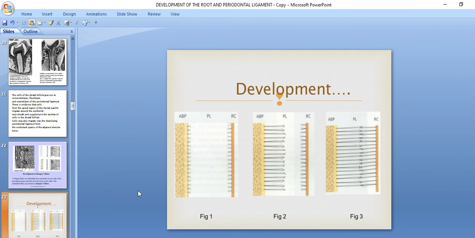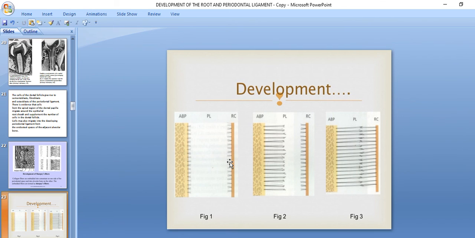Here you can see the formation of periodontal ligament fibers. At the start, short tufts of fibrils are formed at the bone surface. This is the bone surface, and at the cementum surface, collagen fibers still lie parallel to the bony wall in the periodontal space.